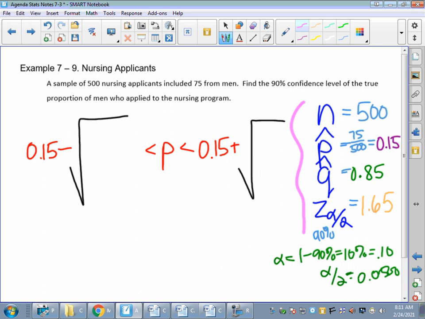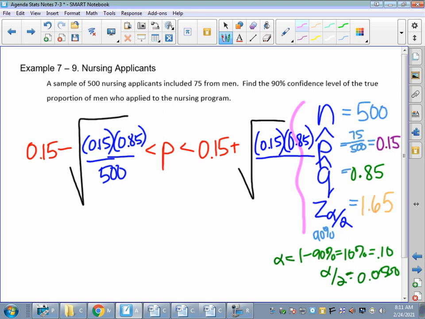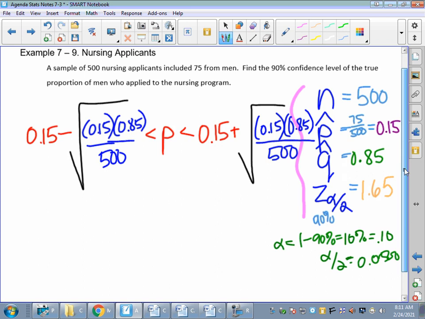Inside that square root, I've got a fraction: p hat times q hat all over n. So 0.15 times 0.85 all over 500, square root at the very end, 0.15, 0.85, all divided by 500.